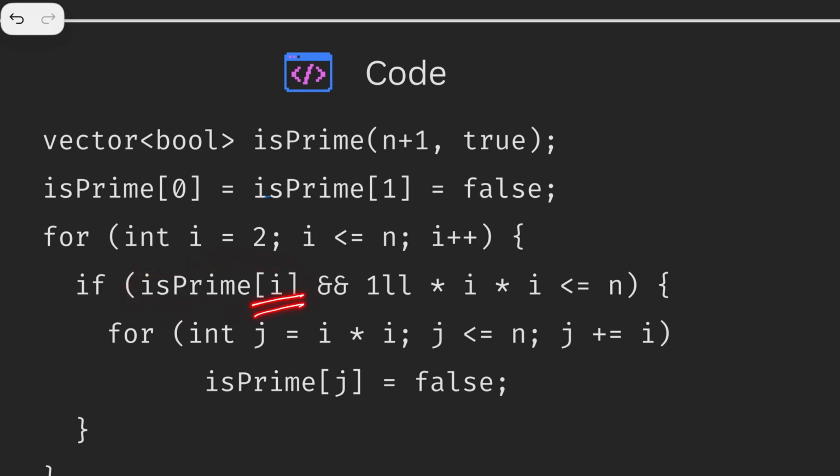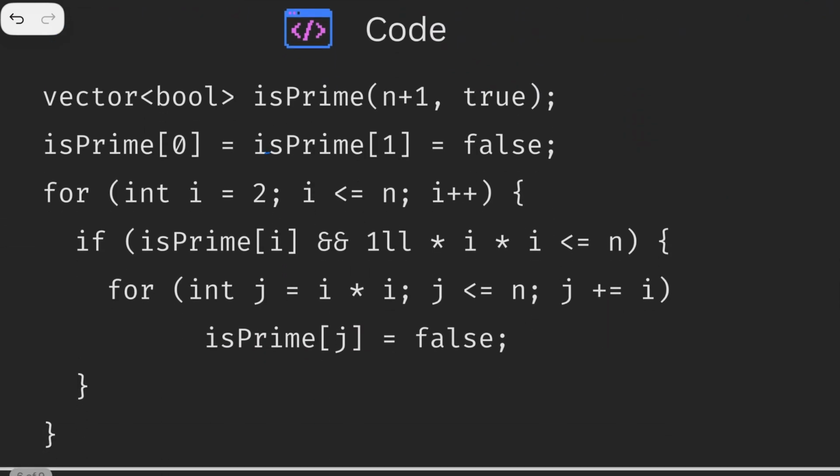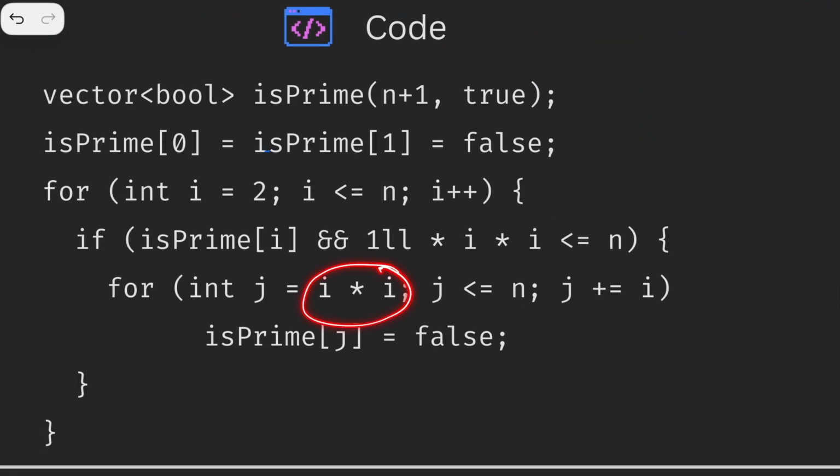If that number is a prime number, then we go to i into i. Why are we not starting from i into 2 or i into 3? We have already discussed that here. So we start from i into i and then we iterate till n. We increment it by i so that we visit all the multiples of i and we mark them as false. Straightforward and very clear code.